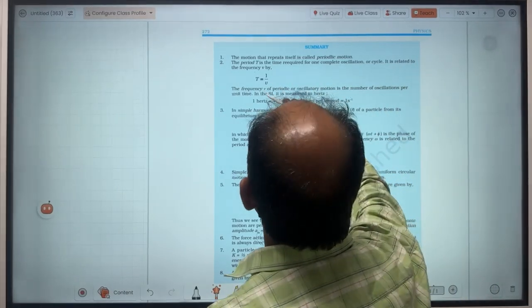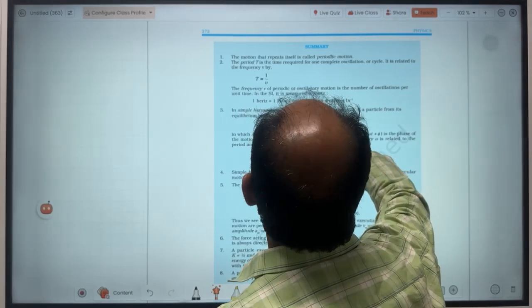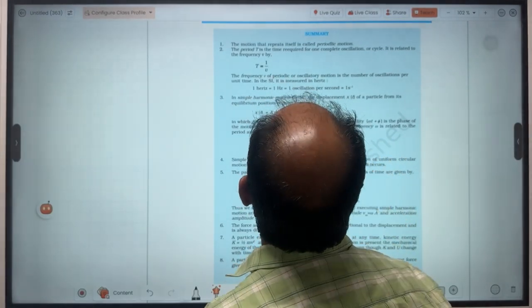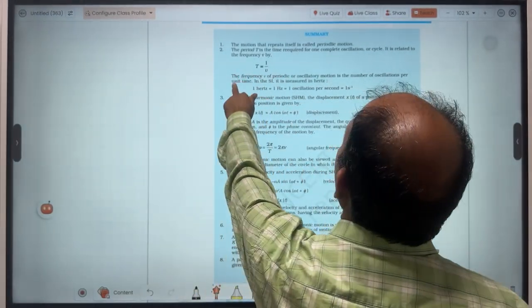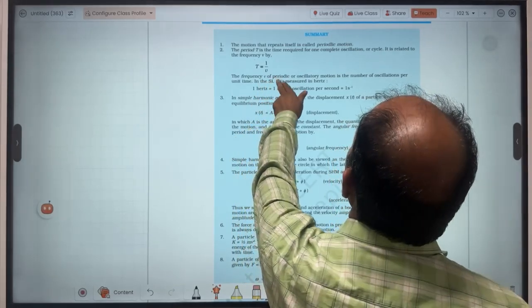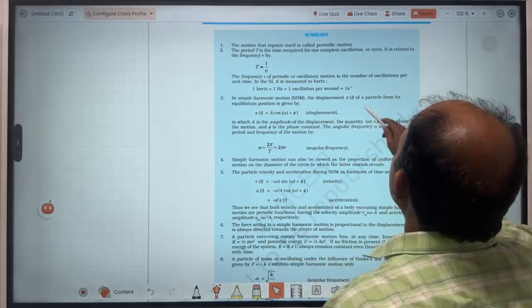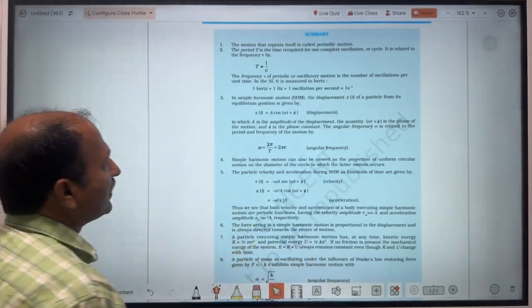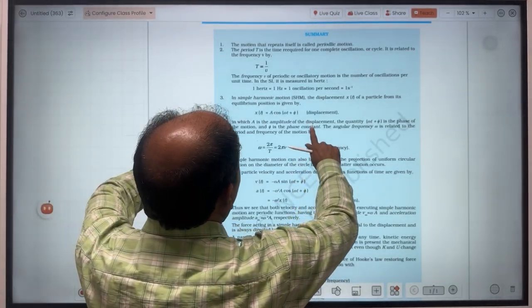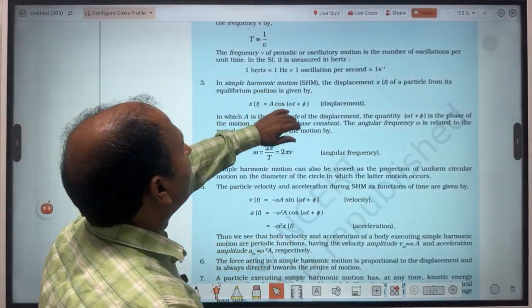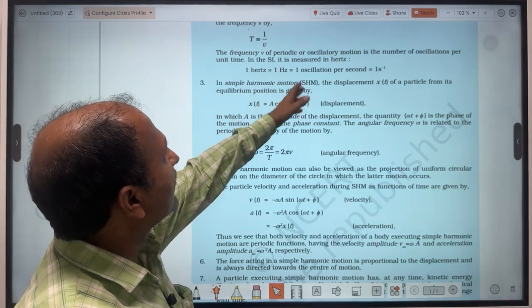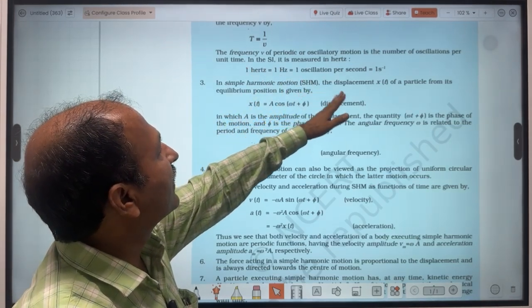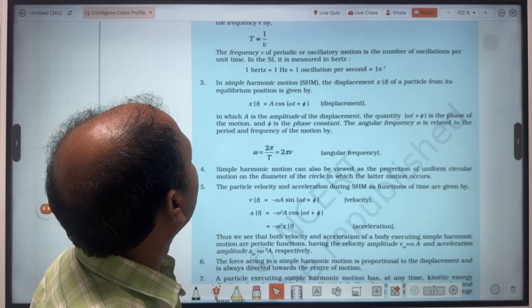It is related to the frequency nu by T equal to 1 upon nu. The frequency nu of the periodic or oscillatory motion is the number of oscillations per unit time. In SI unit, it is measured in hertz. So 1 Hz equal to 1 oscillation per second, that is 1 second minus 1.